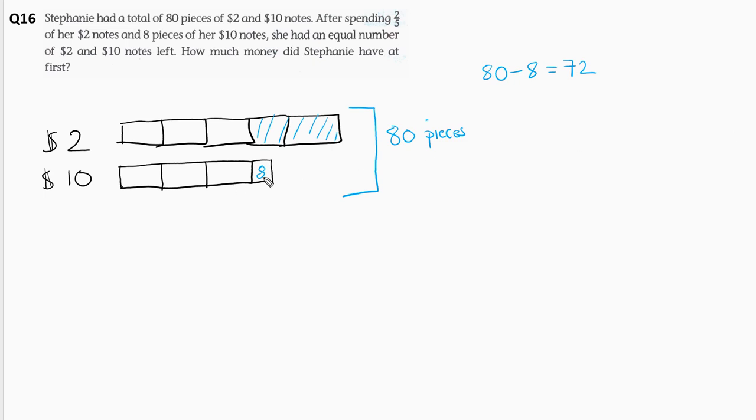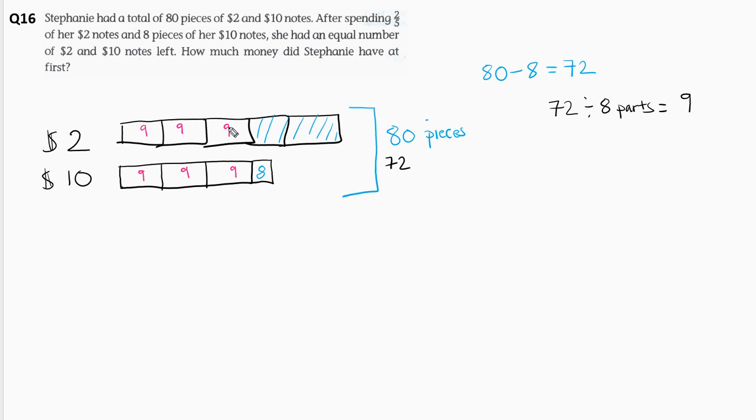That's going to be how many notes are represented by the equal parts, of which there are 1, 2, 3, 4, 5, 6, 7, 8 parts. So if I do 72 and divide that by the 8 parts, that is going to give me a value of 9. So I now know that each of these represents 9 notes.